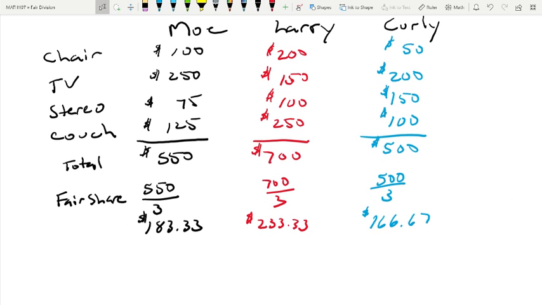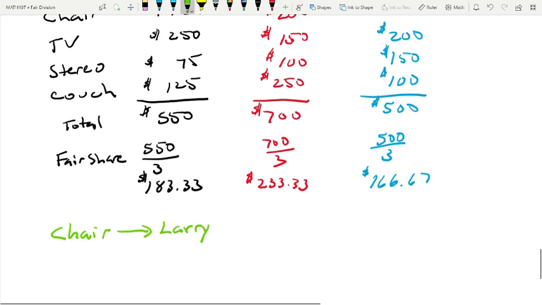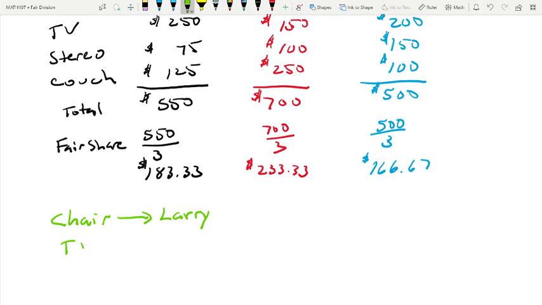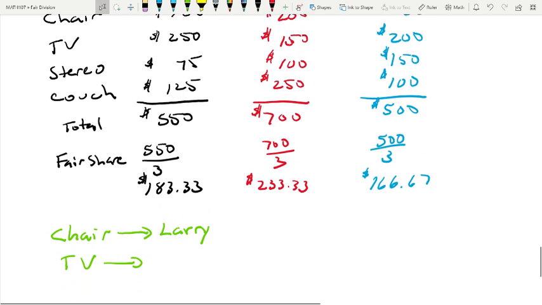First off, for the chair, we award things to the highest bidder. The highest bidder would be Larry, so the chair would go to Larry. The TV goes to the highest bidder, and based on this, the TV at $250 goes to Mo.